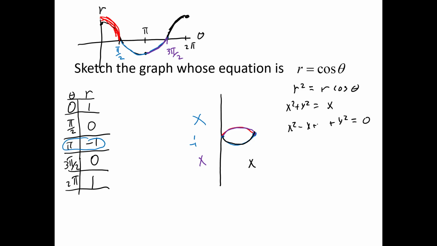If I add 1/4 to both sides, then I will get x minus 1/2 squared plus y squared equals 1/4. And you can see that this really is a circle of radius 1/2 centered at (1/2, 0). And so that is what it is, a circle of radius 1/2.